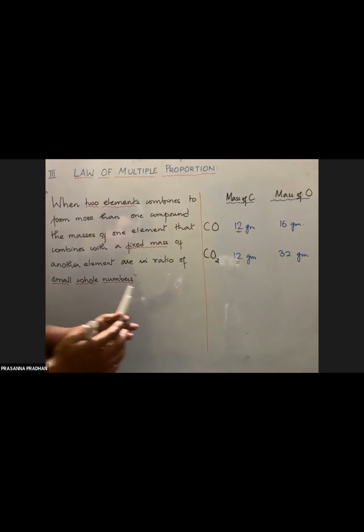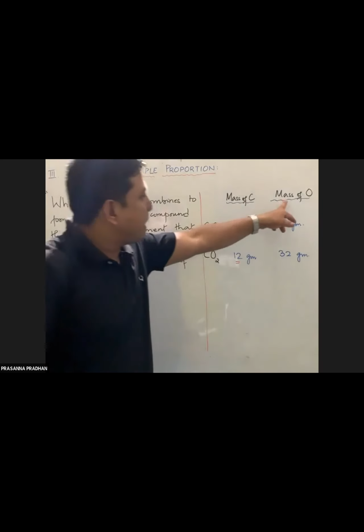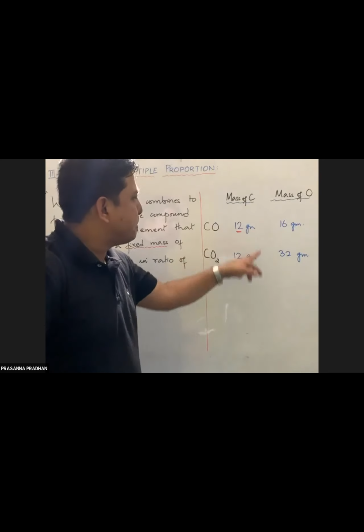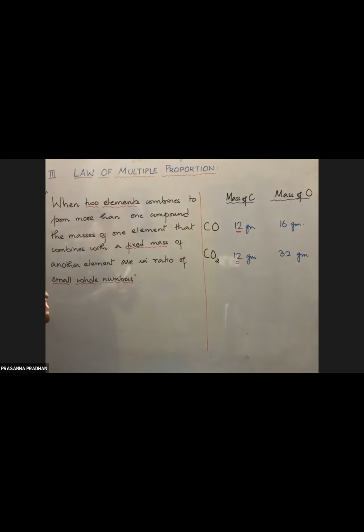So we see that by default the mass of carbon is already fixed. It says that the mass of one element which combines with the fixed mass of another element should be in a simple whole number ratio.